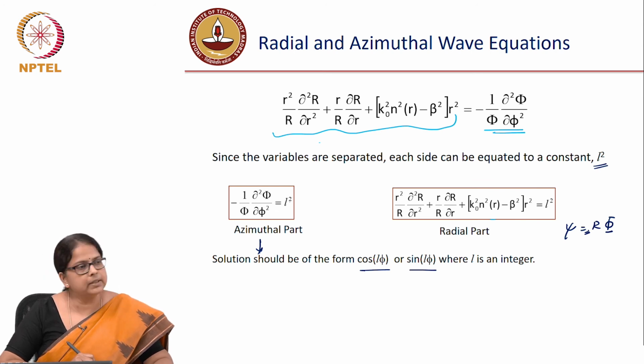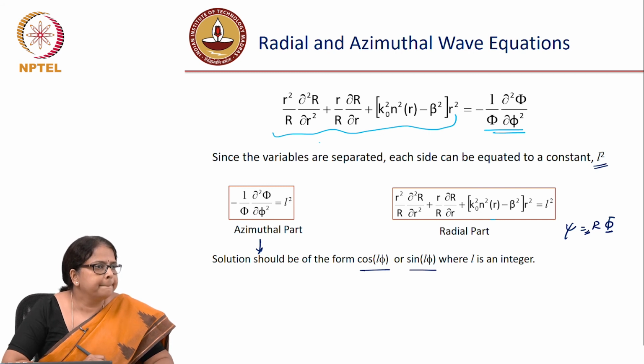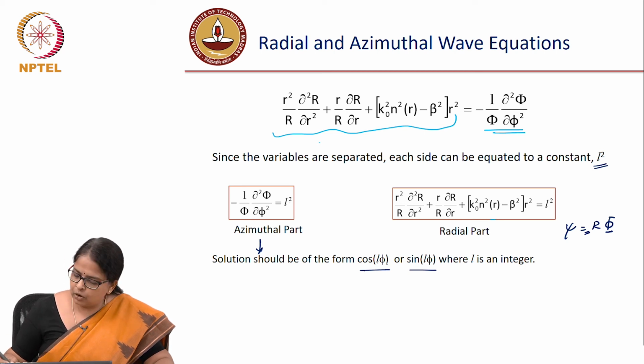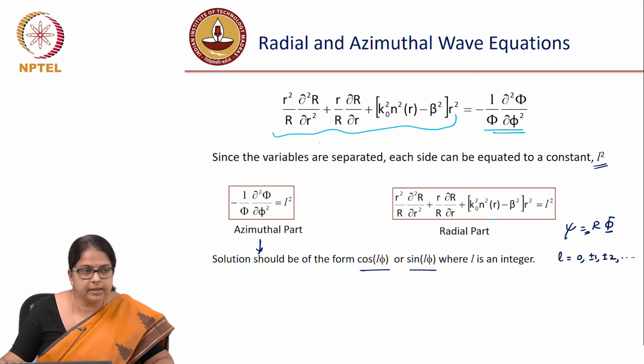So for L equal to 0, what happens? L square is a constant, L must be an integer, of course if I do not have L as an integer, I will not satisfy this equation. Okay. So I will actually have L is equal to 0, plus minus 1, plus minus 2, etc.